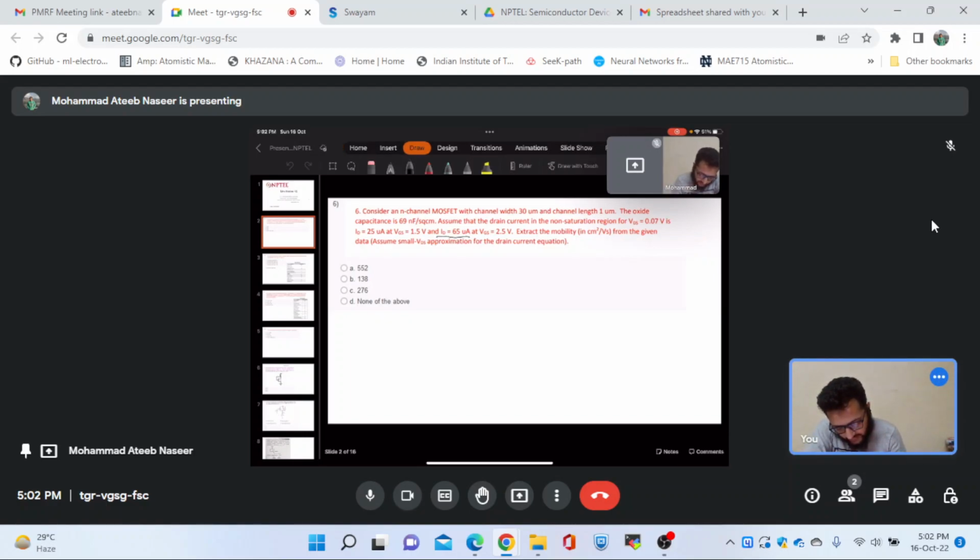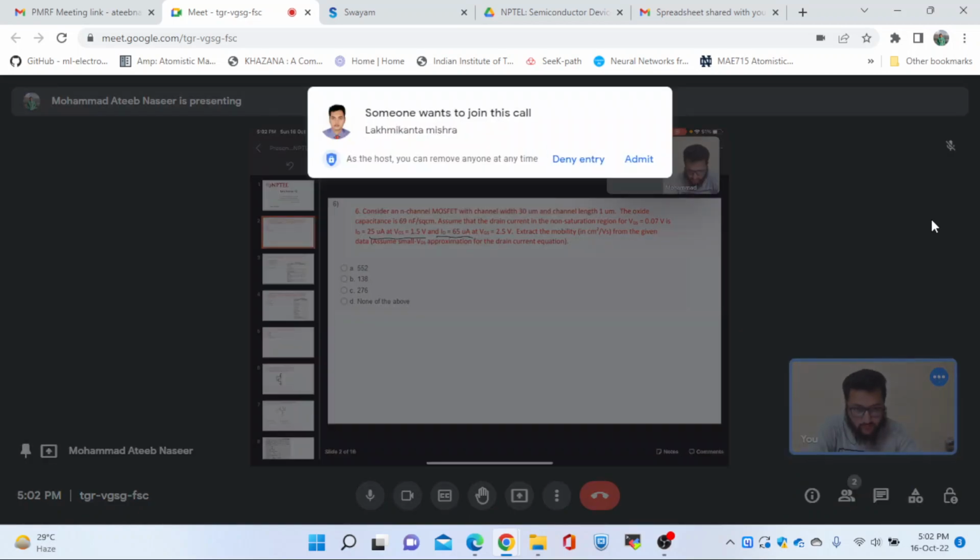So this is the question, and this is a problem regarding the extraction of parameters. And here we have been told to extract the mobility.